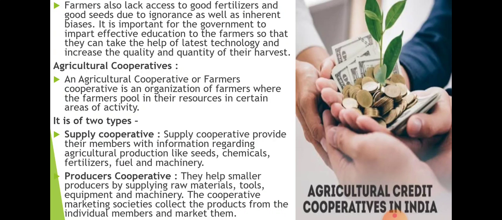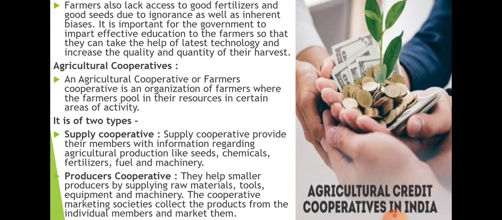Suppose they fail to grow, or some natural calamity has occurred. In that situation, these cooperatives also help them to produce once again in the next year. So these are the cooperatives which are helping the Indian farmers produce their product as well as earn money.